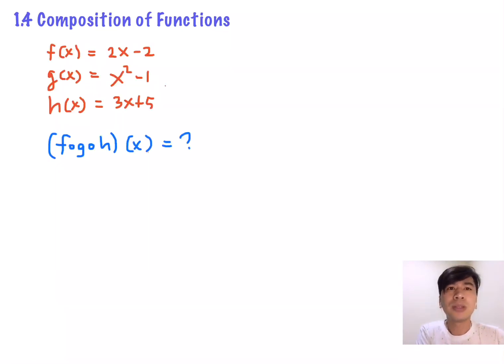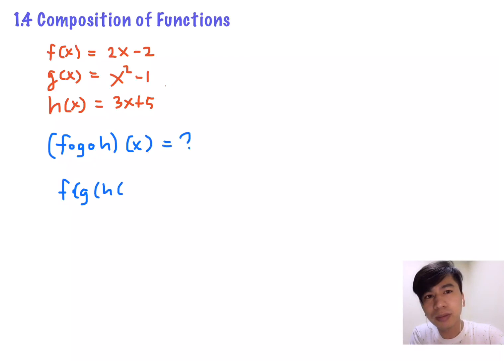Now this one, in algebraic form, asks us to find f composition g composition h of x. Every time you have this, try to put it this way so you can trace it step by step. g of h of x will be 3x plus 5.